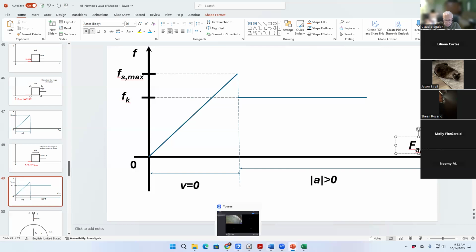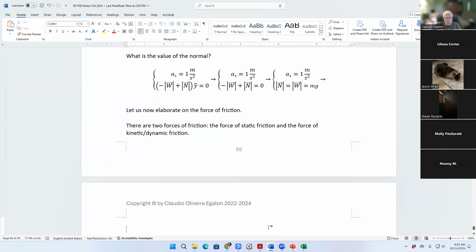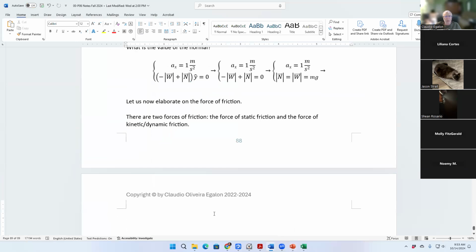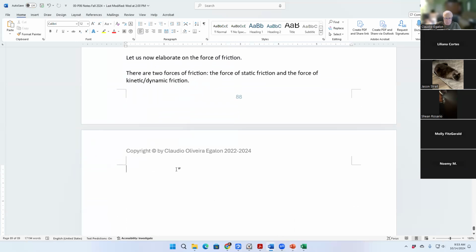So what you have to know is that there are two forces of friction, the force of static friction and the force of kinetic, or dynamic, friction. Let's document everything that I said.